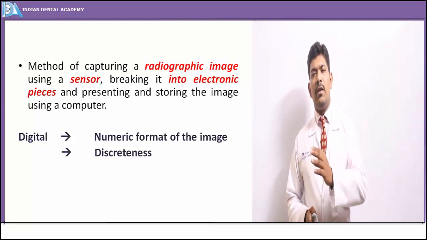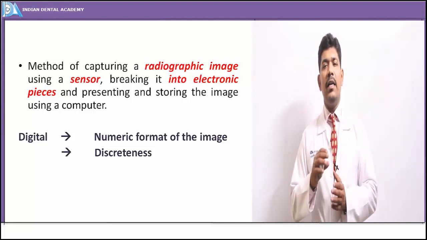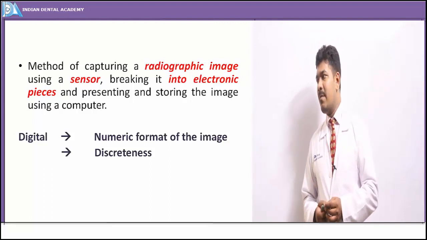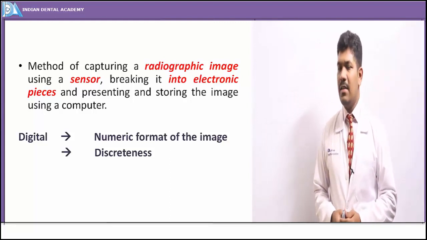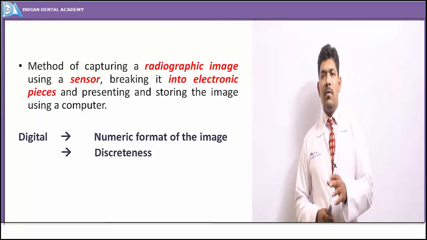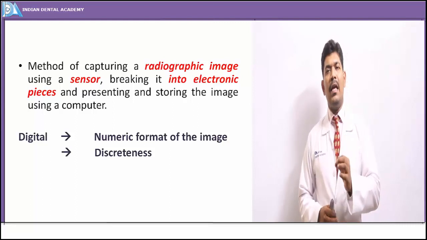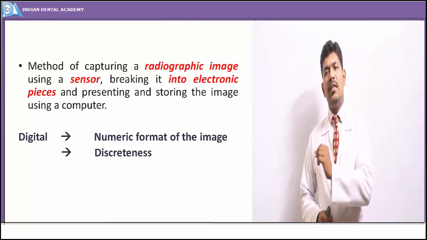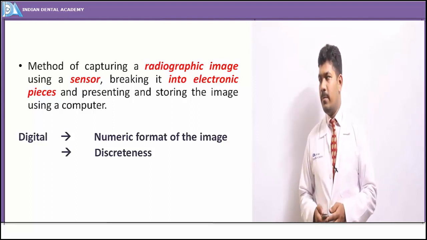These two effects are related to the word digital, which we use in digital imaging techniques. So it is a method of capturing the radiographic image using a sensor into electronic pieces. The important point to remember is breaking up the image into small pieces of pixels represented by an electronic signal and then converted into a final picture.